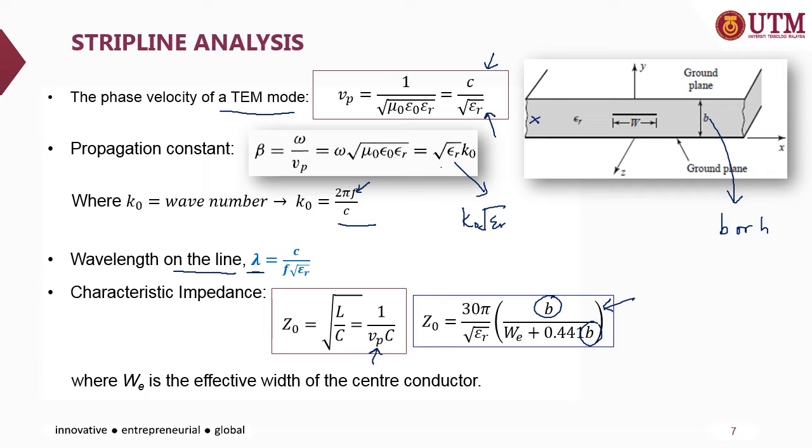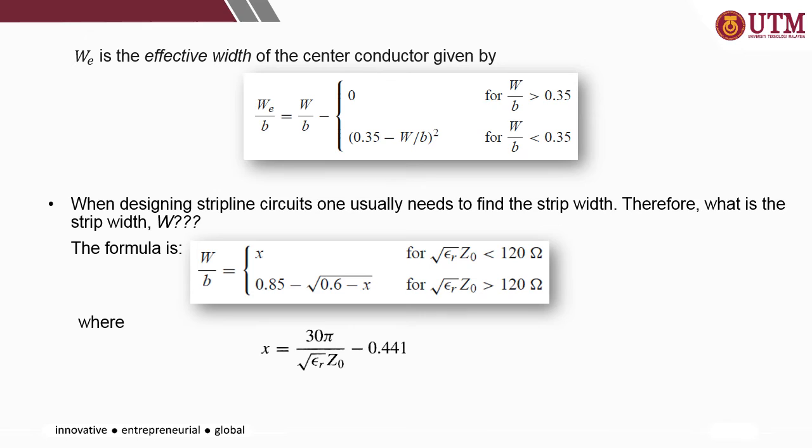And the WE here is the effective width of the center conductor. Why is there an effective width?